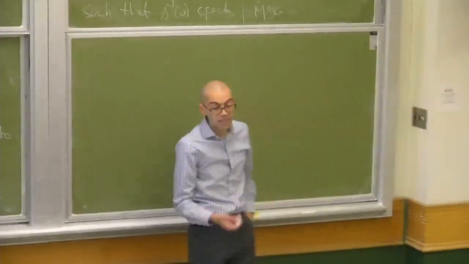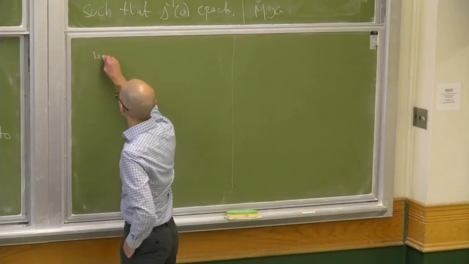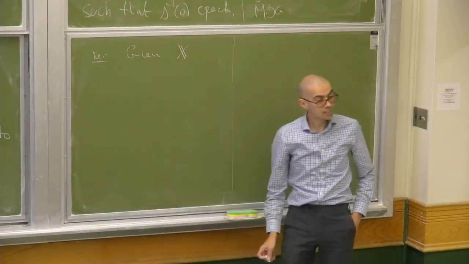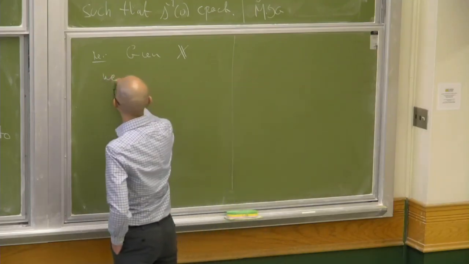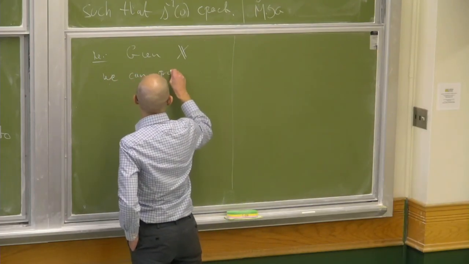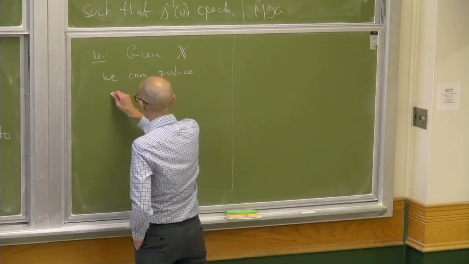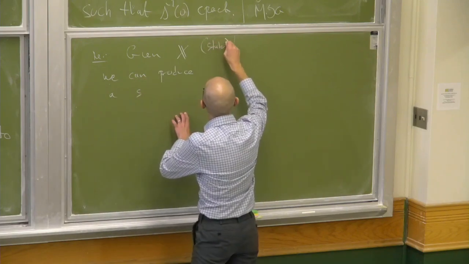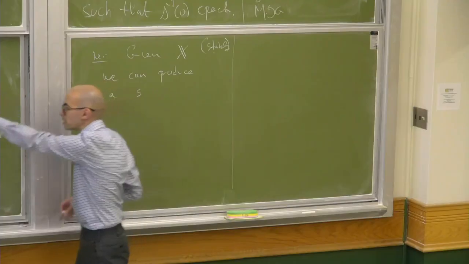So the statement means: given a derived orbifold X, we can produce a manifold, stably complex. I'm going to stop saying it, because from now on that's going to be the assumption.